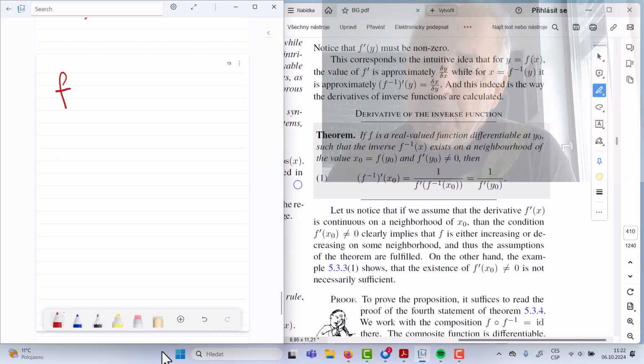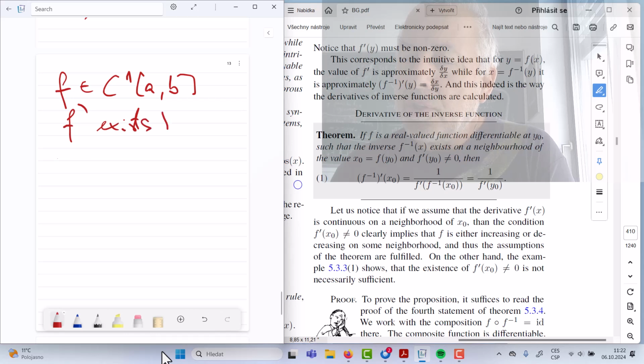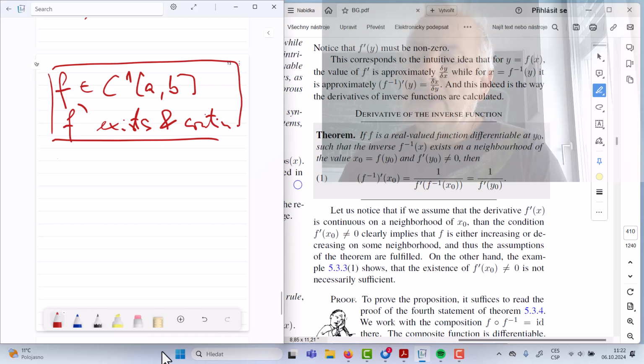We shall say that f is in C1 on an interval [a,b] when f' not only exists, so the derivative exists, but is also continuous. We want both: the existing derivative and the continuity of the derivative. And we will see immediately why this is necessary.